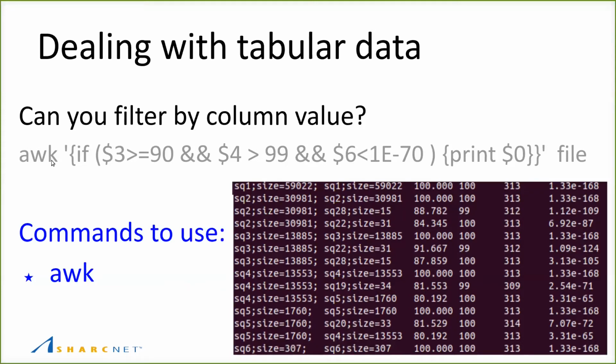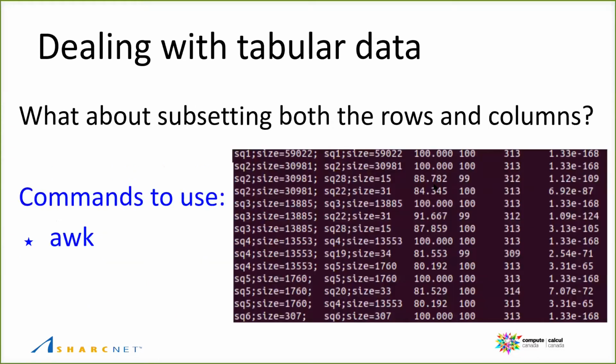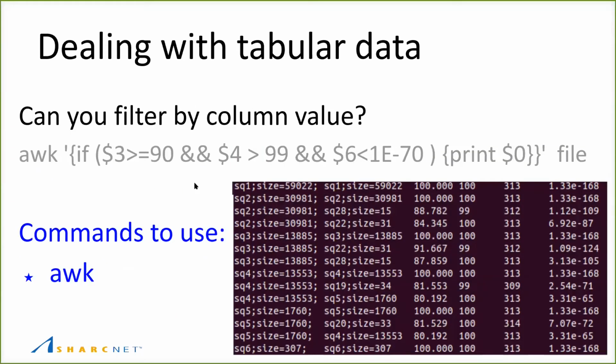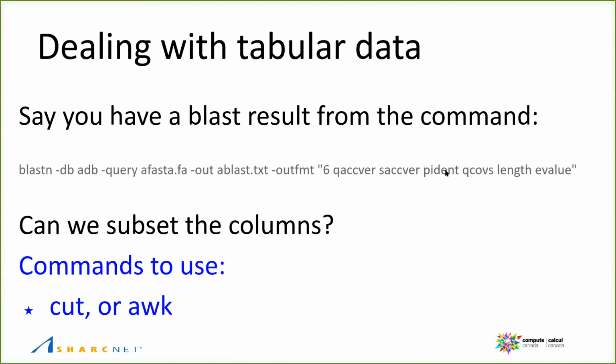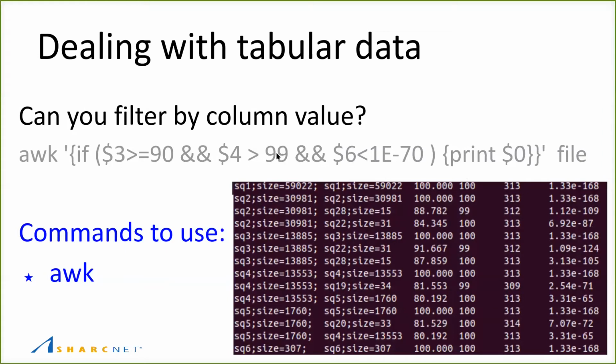So in this case, for example, I'm asking if column number 3, which if we go back a little bit would be percent identity, is greater or equal to 90, and then the 4th, which I think is the query coverage, yeah. If the query coverage is greater than 99 and the e-value is smaller than 1 to the power of -70, then print the line.